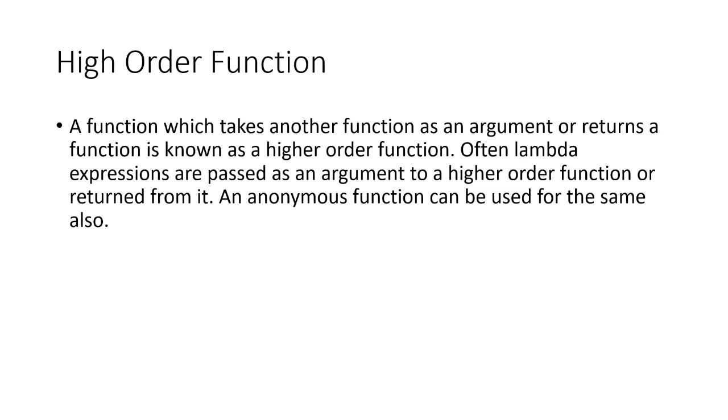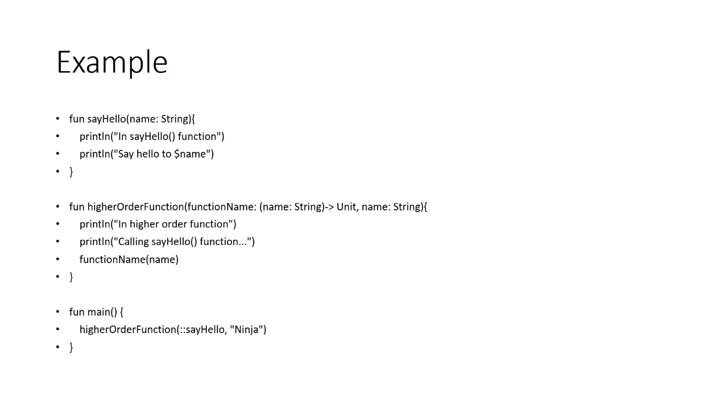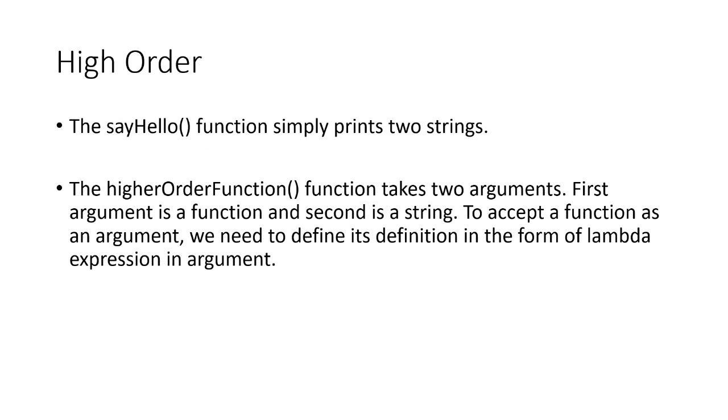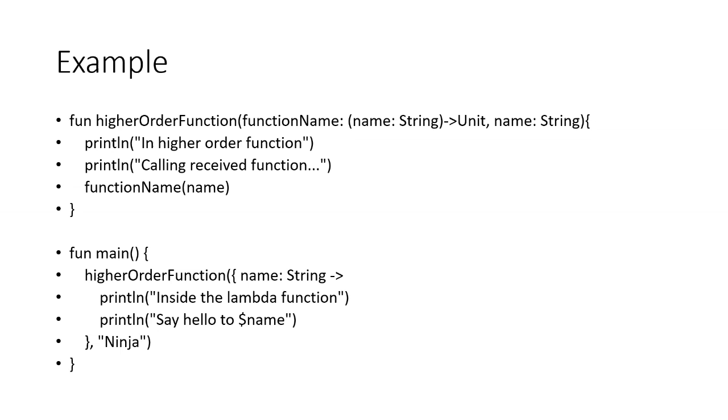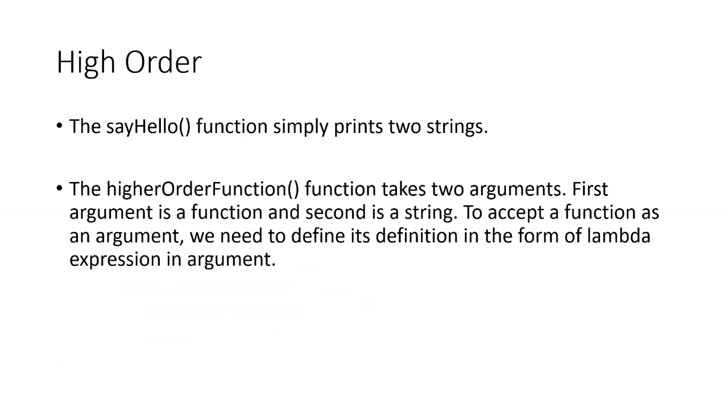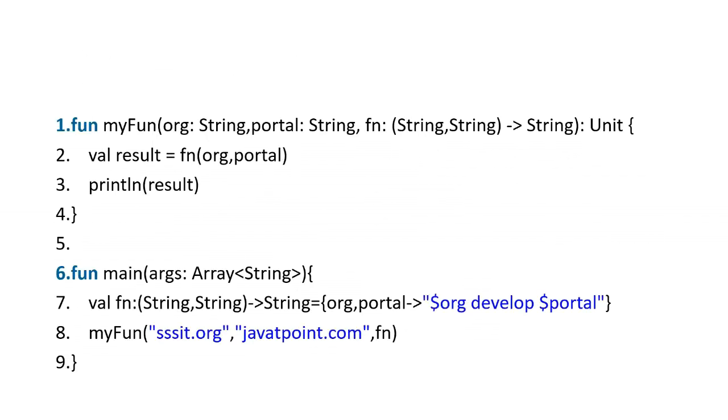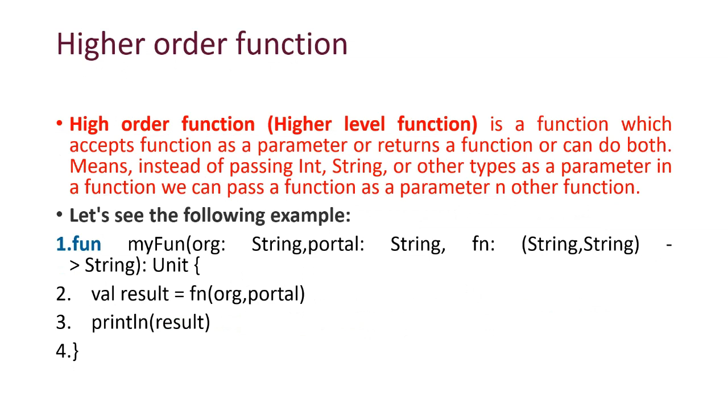So here is a simple example of how we can implement this and how these higher order functions are used as arguments. We can learn these practically, but the simple concepts and theoretical part we have done. So let's see in Android Studio.